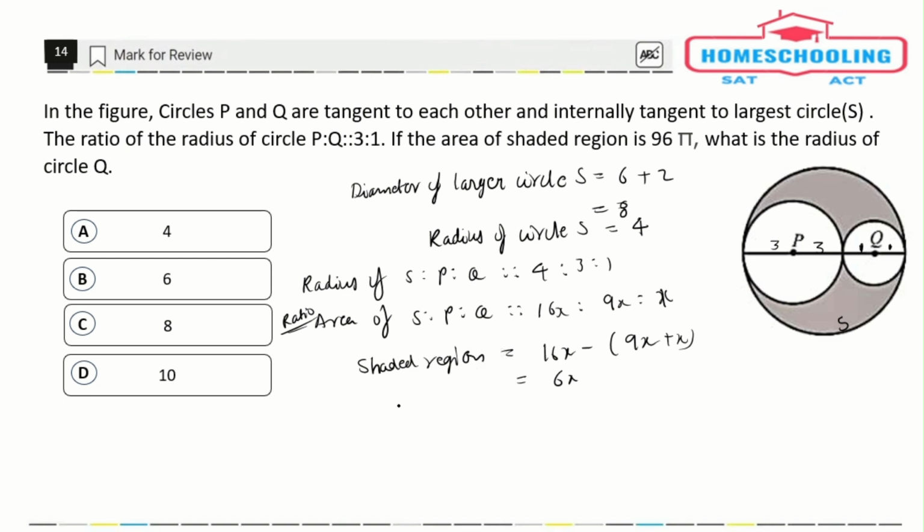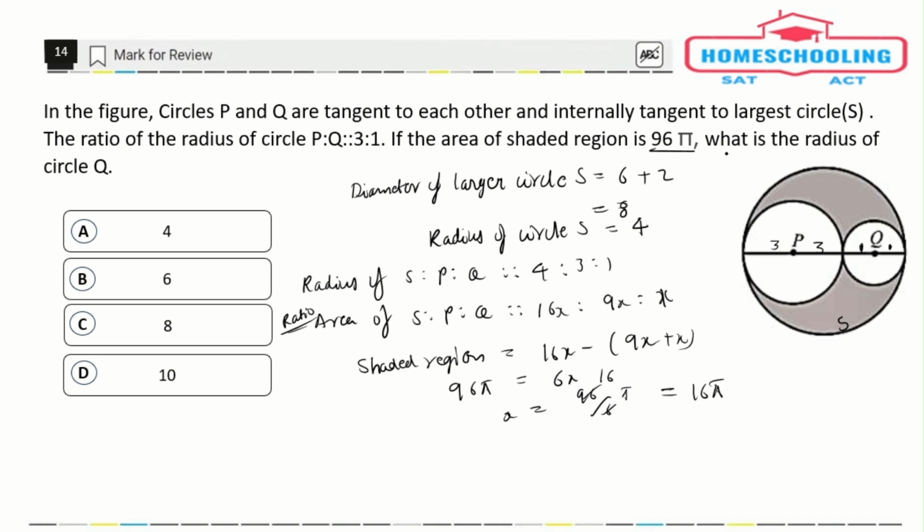In the question it is given that the shaded region is 96 pi. Hence, x can be written as 96 pi by 6, that is 16 pi. So x is 16 pi.